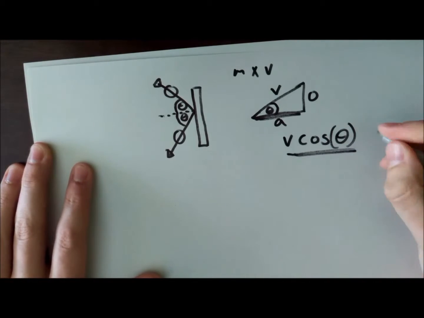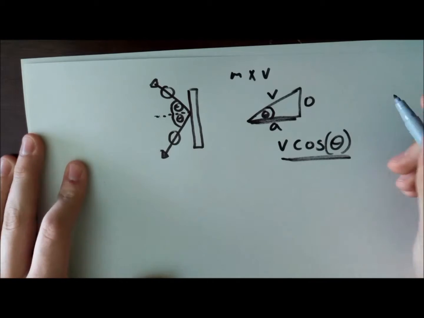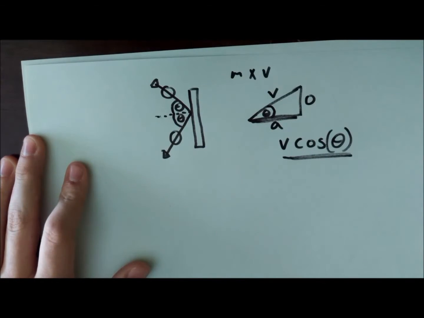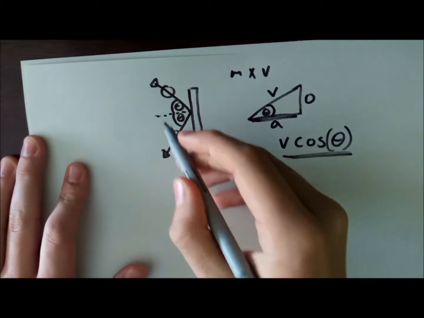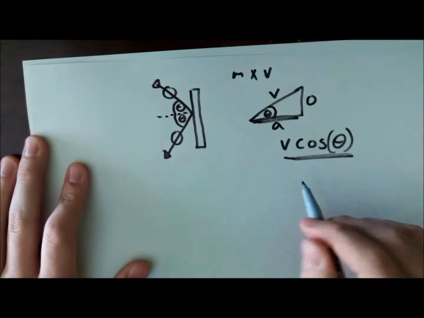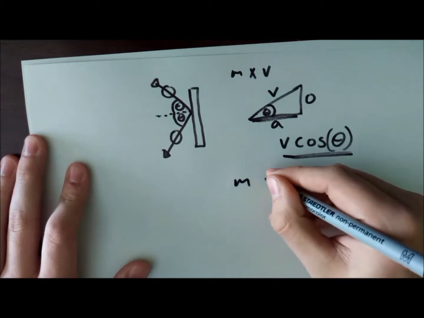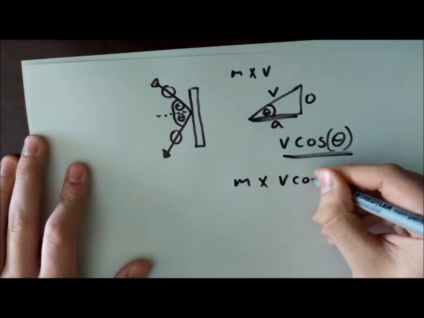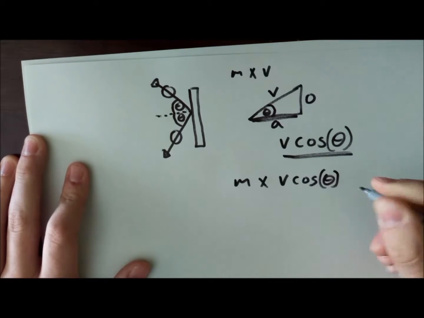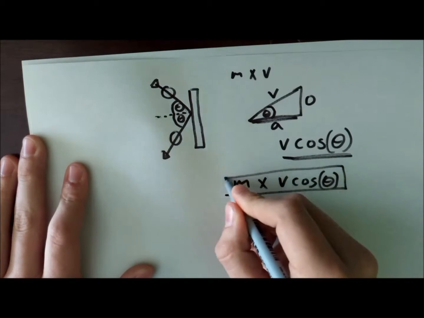Now this is the horizontal component of velocity in this case. Now to find the momentum of half, it's going to be m multiplied by our v cos theta. This will be our momentum.